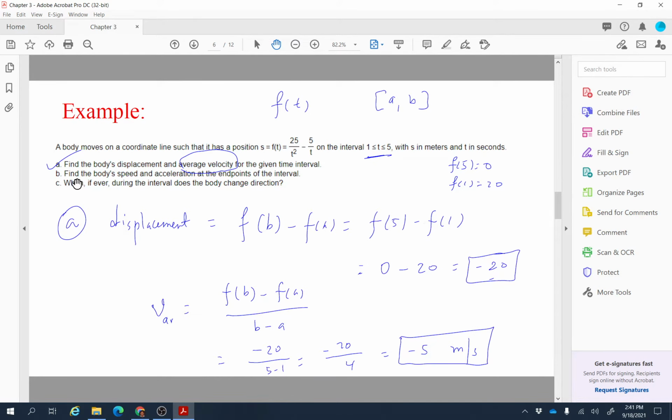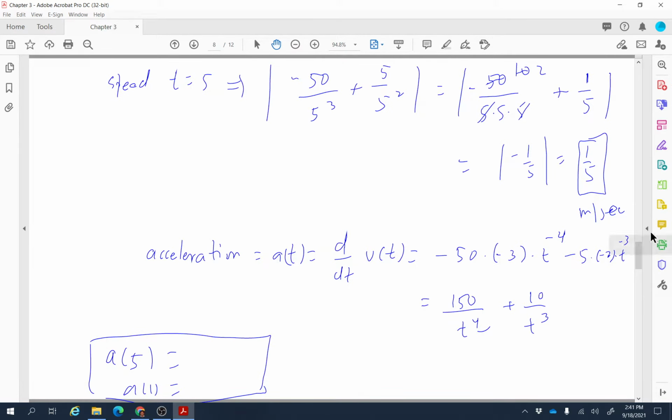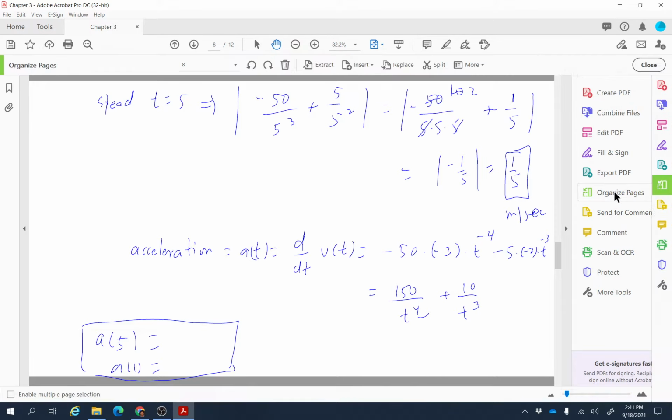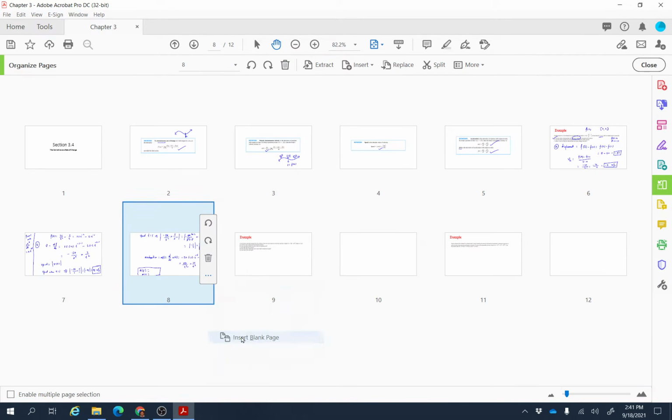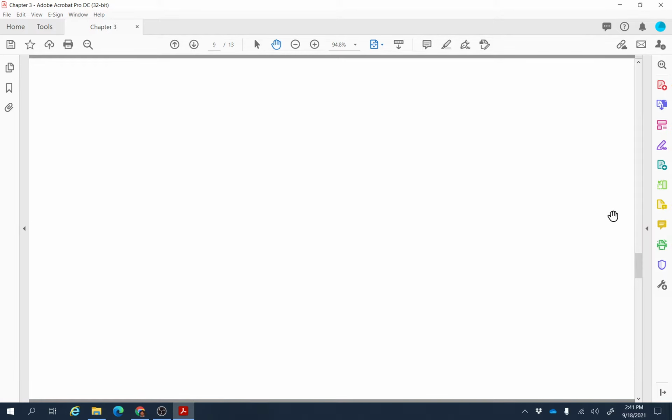Finally, when, if ever, during the interval does the body change direction? So to answer this question, you have to understand the meaning of direction here. So I'm going to show you, look at here. An object is moving. Let's say this is the path of the object. And now at different points, you can find out the velocity of that object by finding the derivative.